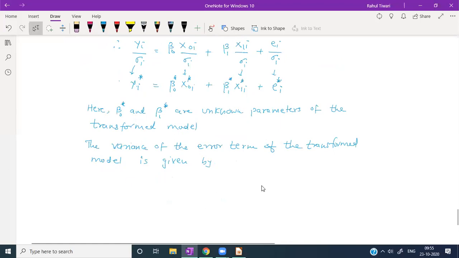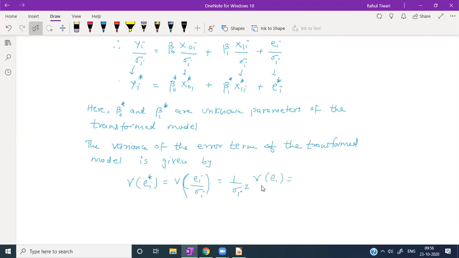what could be the variance of the transformed model? What could be the variance of Ei star? This is equal to variance of Ei upon sigma i, right? I can pull out sigma i square because it is constant, into variance of Ei.